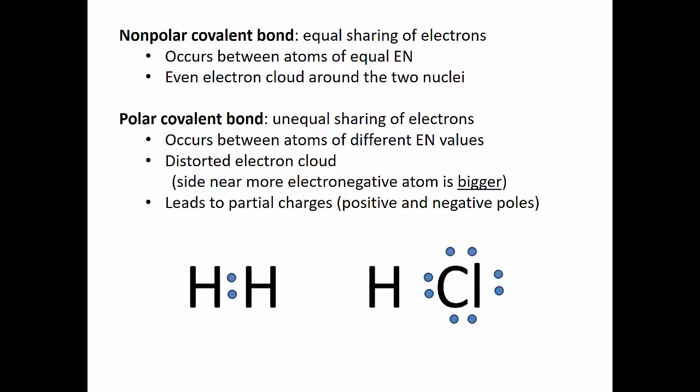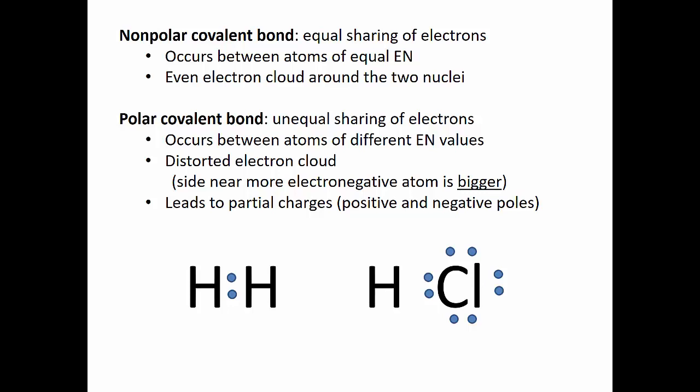Now, when we look at a polar versus a nonpolar covalent bond, let's review these definitions. A nonpolar or pure covalent bond has both atoms equally sharing those electrons. This occurs between atoms of either equal electronegativities or very close electronegativities.